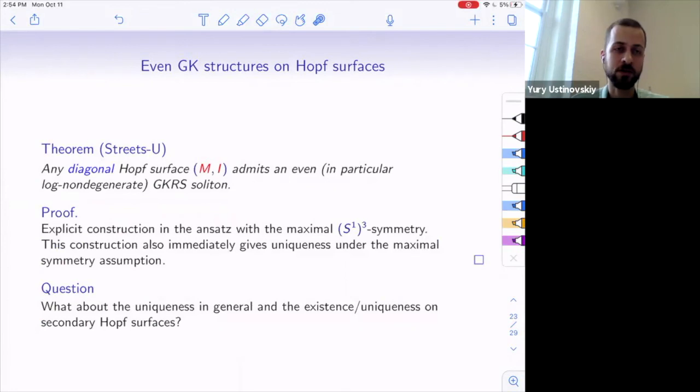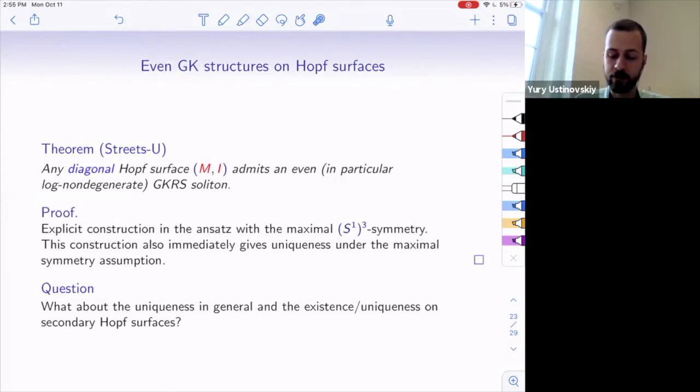So instead of constructing some generalized Kähler structures on Hopf surfaces, we actually know already that there exist solitons, and this is an explicit construction. So we prove that any diagonal Hopf surface admits an even soliton, and the way it works, we explicitly constructed it in the maximally symmetric ansatz.